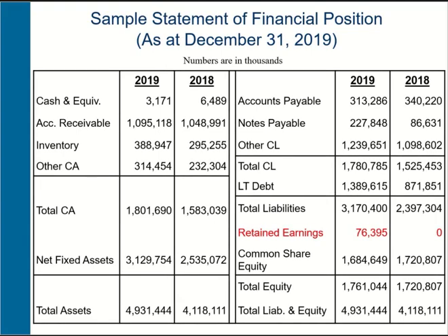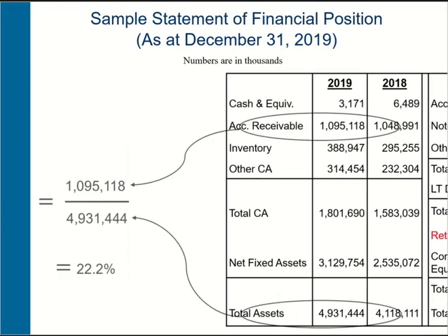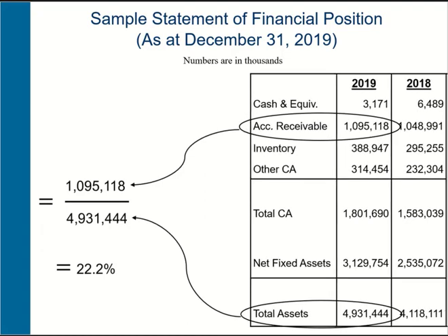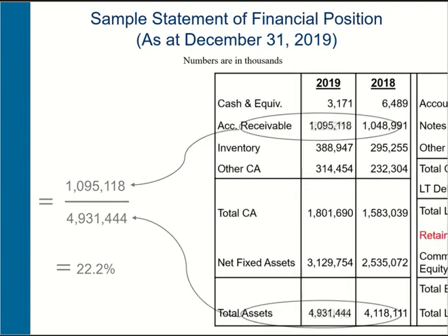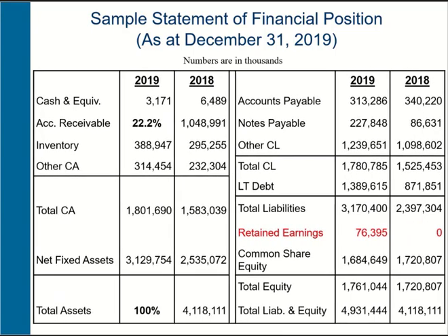So we'll go ahead and try this with this balance sheet. Let's look at accounts receivable. The computation is very simple. We're simply taking accounts receivable, dividing by total assets. We convert that to a percentage and very quickly see that it is 22.2%. So we make the change there, and we can do this now for all assets for 2019.